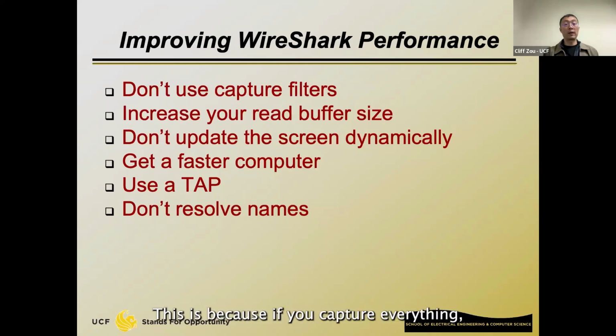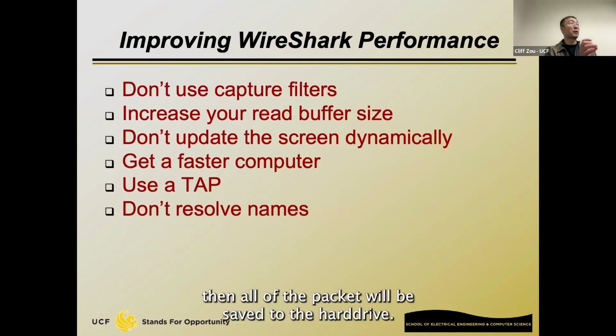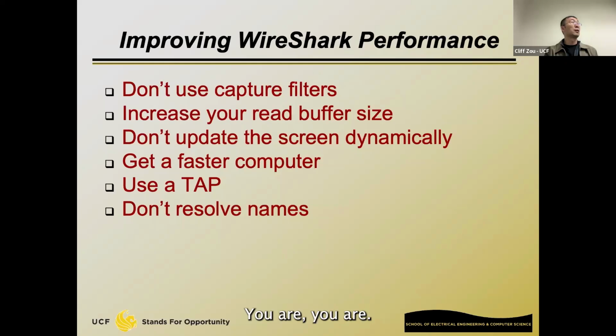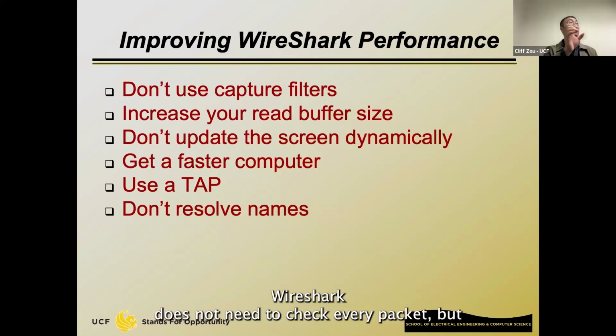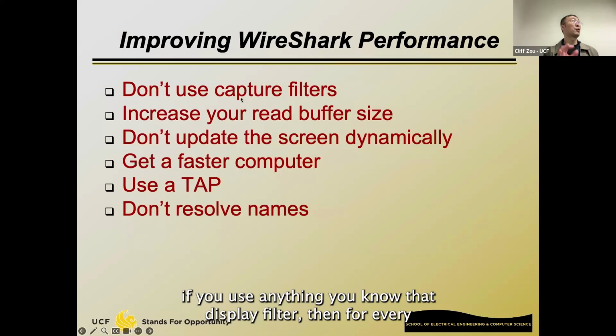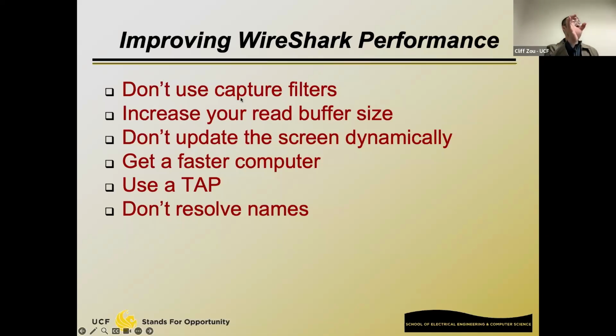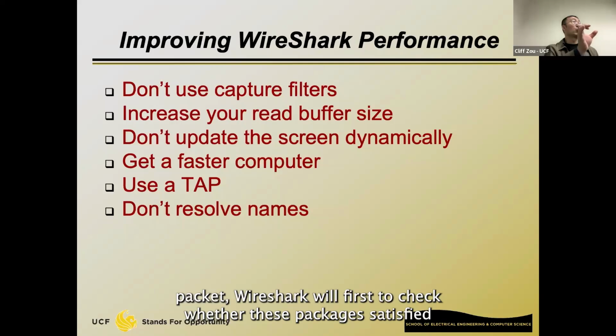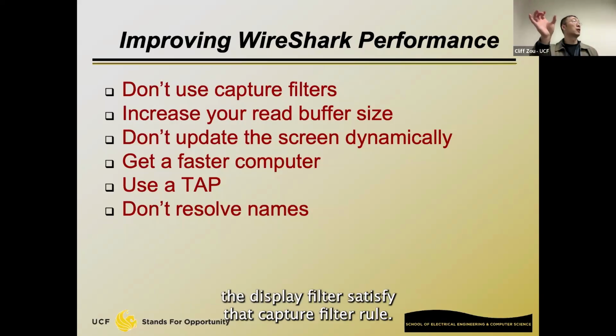This is because if you capture everything, then all the packets will be saved to the hard drive, and Wireshark does not need to check every packet. But if you use anything in the capture filter, then for every eavesdropped packet, Wireshark will first check whether this packet satisfies the capture filter rule.